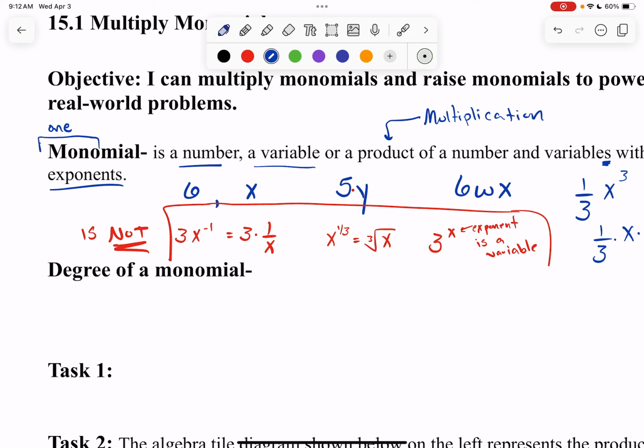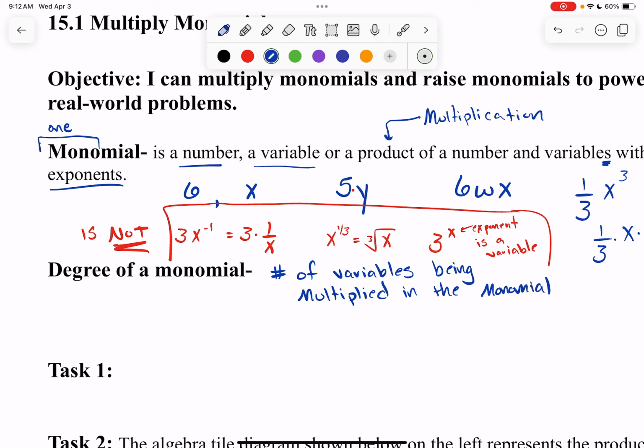Okay. We talk about the degree of a monomial. I explain degrees slightly differently than the book, but it's kind of the same way. The degree of the monomial is really just the number of variables being multiplied in the monomial.